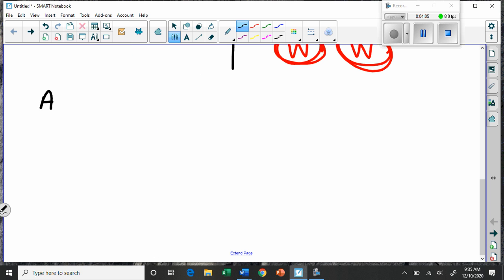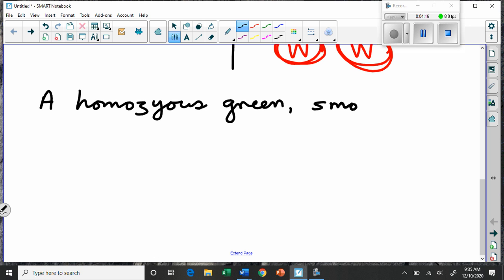A homozygous green, oh wait, I better add a word there, sorry.